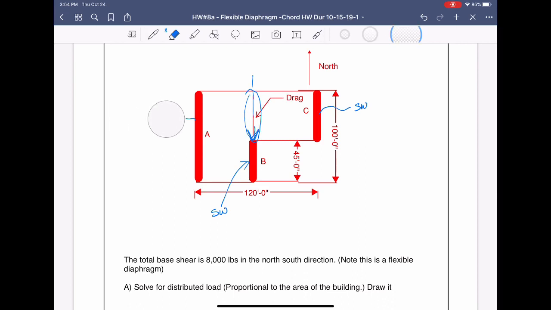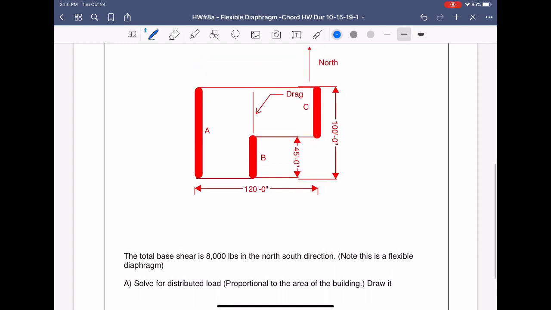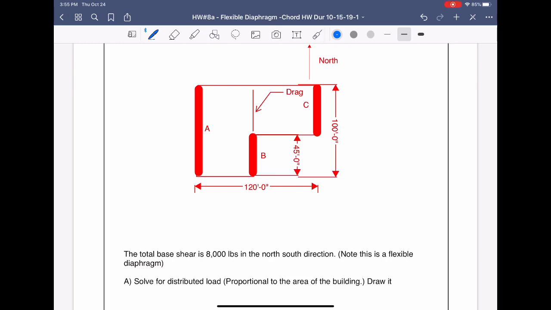All right, so we'll go ahead and get started with, first, distribution. So A: solve for distributed load proportional to the area of the building and draw it. Okay, great. So let's see maybe if we could do it like this.